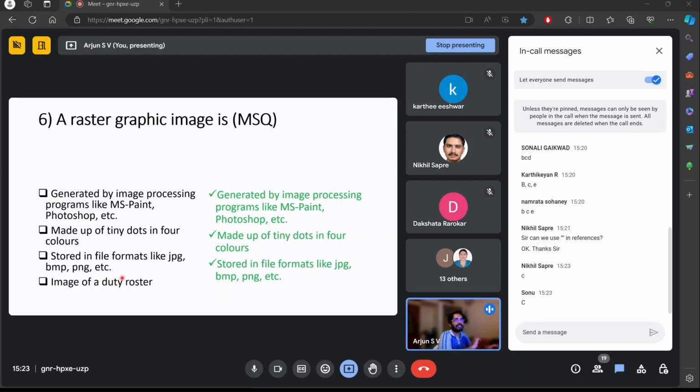So any raster graphic image is something generated by MS Paint or Photoshop and is made of simple colors, and it can be stored in JPEG, BMP, and PNG, etc. Four colors are the primary colors. So RGB and black.